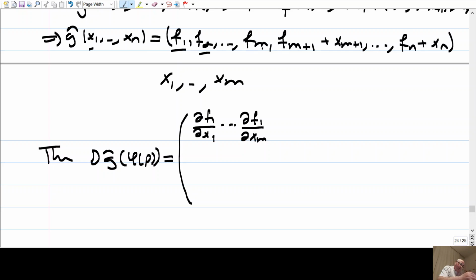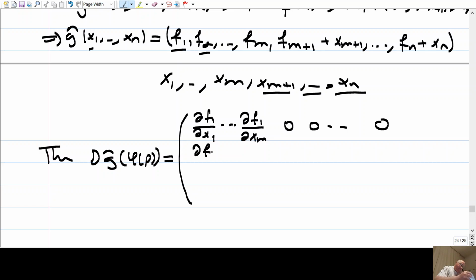So they are not functions of the remaining variables x_{m+1} up to xn. Therefore, the derivatives of fi's with respect to x_{m+1}, x_{m+2}, up to xn are all zeros. So these are all zeros. And then similarly, I have del f2 and so on up to del fm, del x1, up to del fm, del xm, and then I have zeros here.